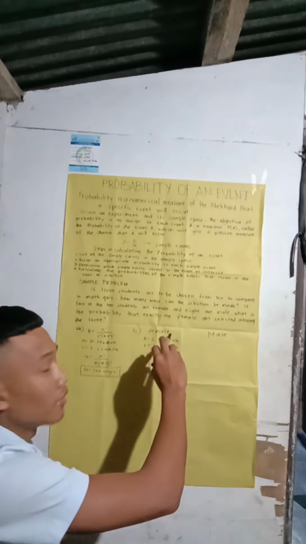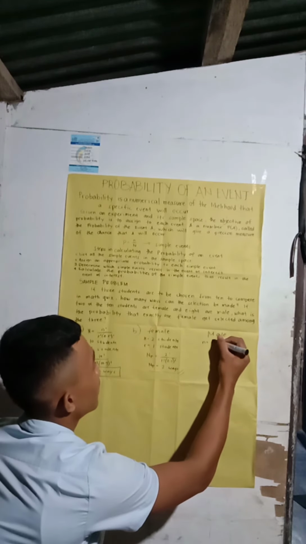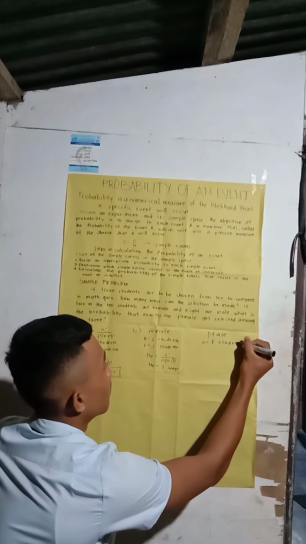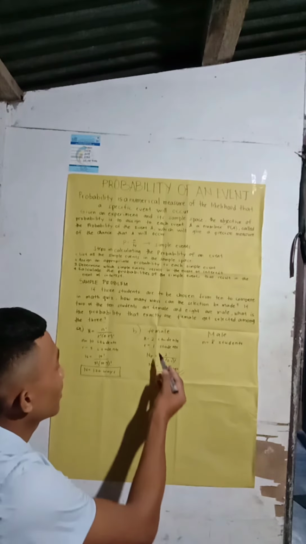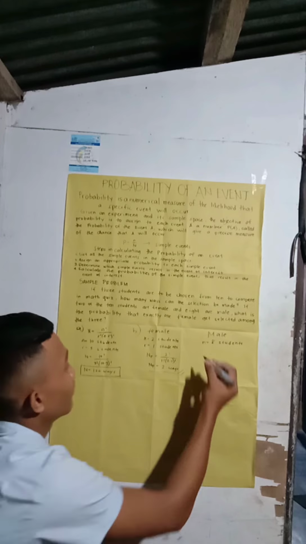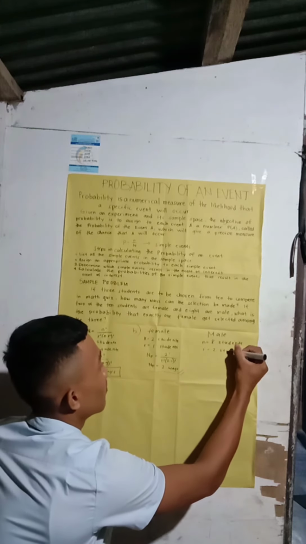Here, we have 8 males, so the n here is 8. And our r, since we already have one female among the 3 students, we need 2 students from the males.